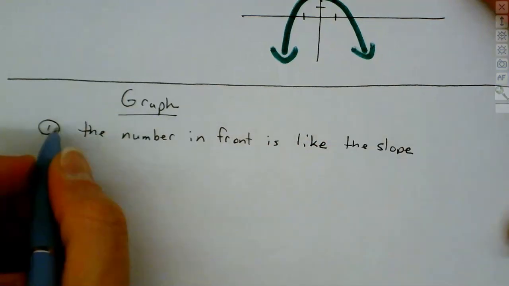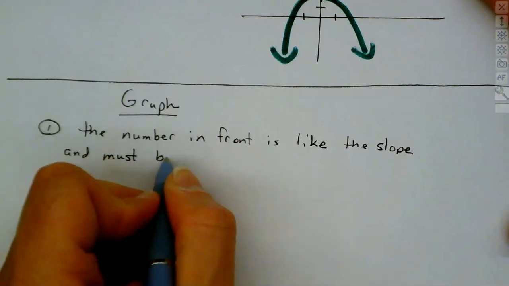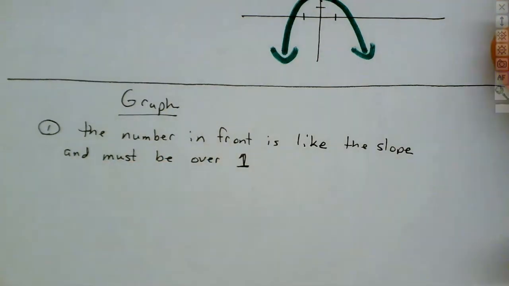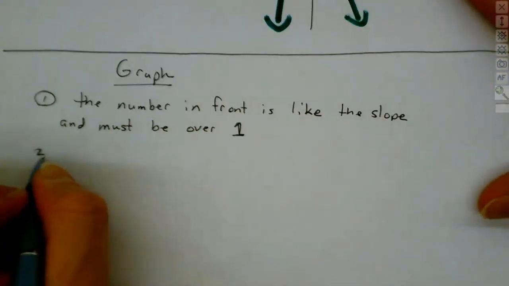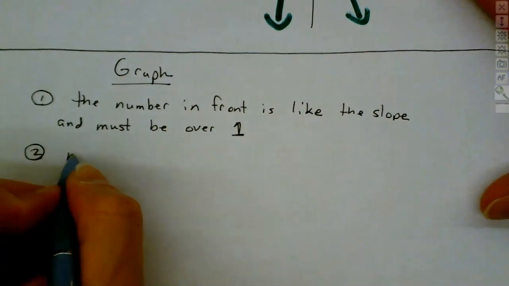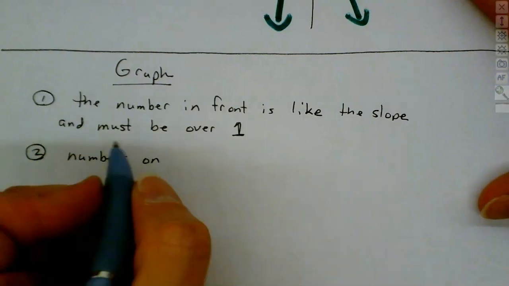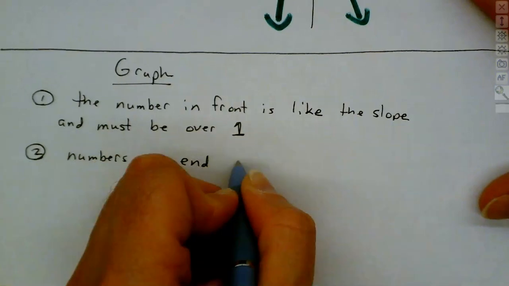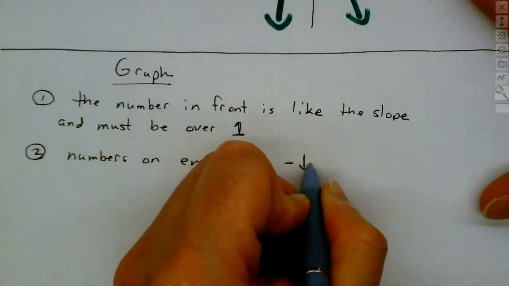It must be over 1. So if it's not over 1, you're going to have to make it over 1, like we just did. We also learned about numbers on the end. So numbers on the end of that expression, if they are positive, they move it up. If they are negative, they move it down.